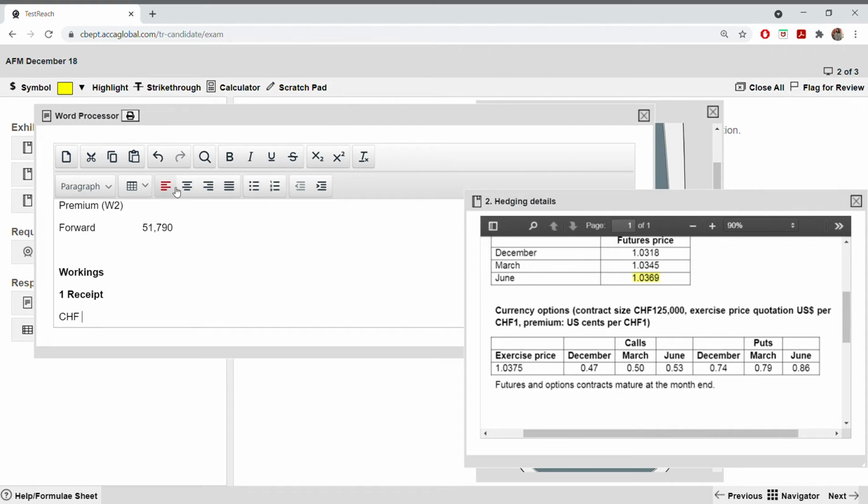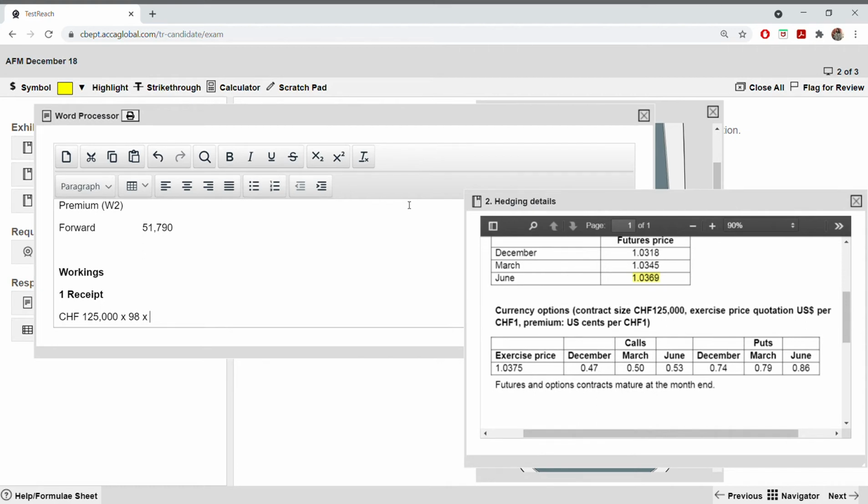Here you have to multiply the contract size 125,000 by the number of contracts, and then you have to multiply by the exchange rate to convert into dollar. Okay, 125,000 multiplied by how many contracts? 98 contracts. Multiply by what? This is in Swiss franc.